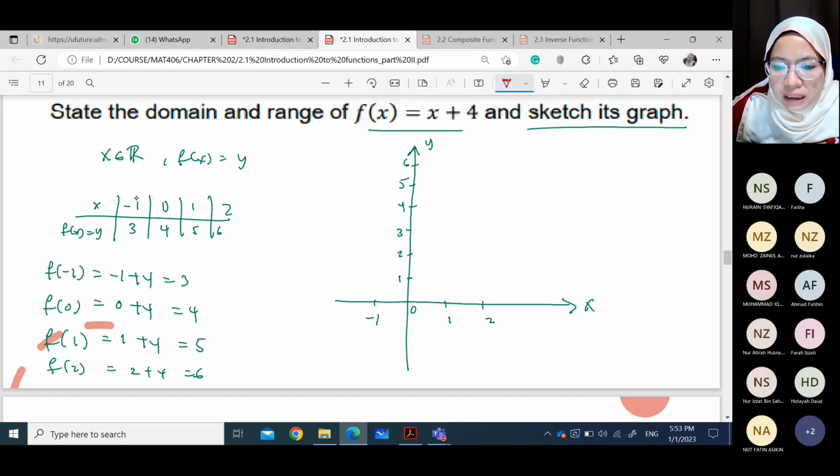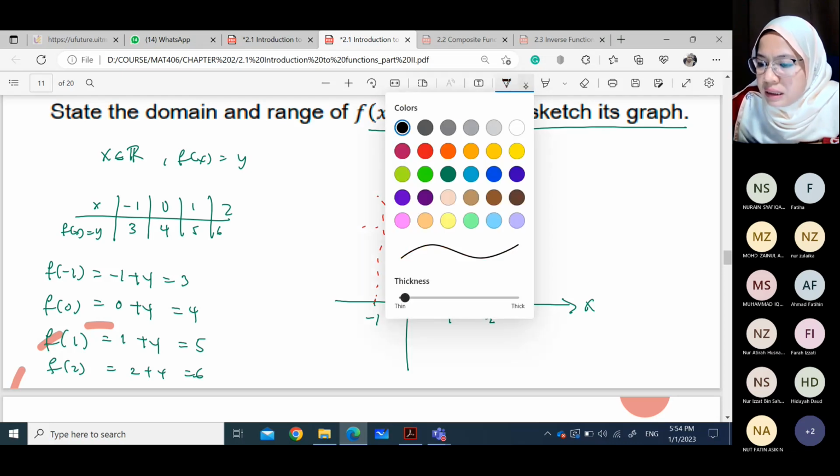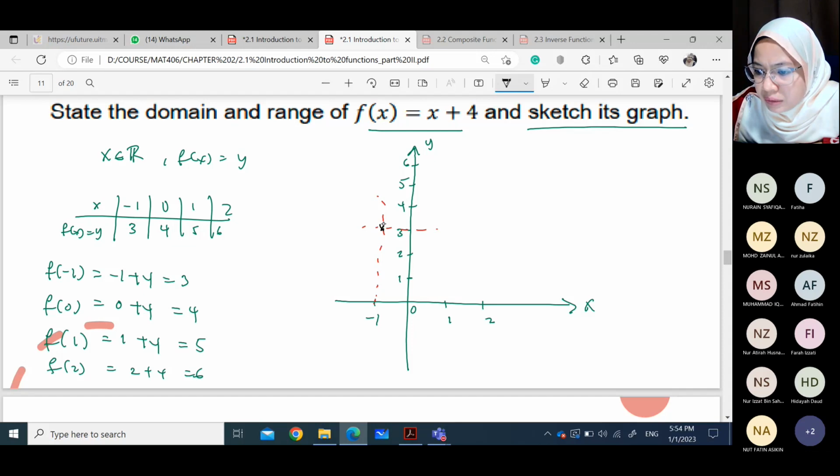Okay, so when x is negative 1, y is 3. So you draw a straight line there, x at negative 1 and then y at 3 here. So our point is here. This is our intersecting point. So this point is (-1, 3).